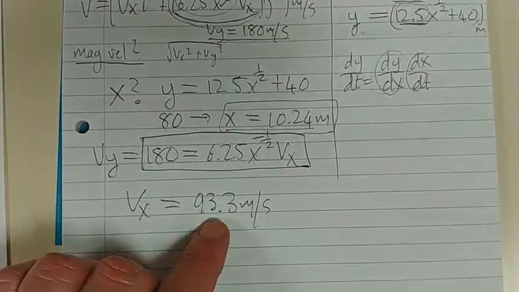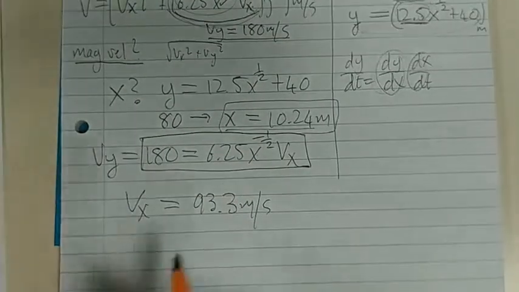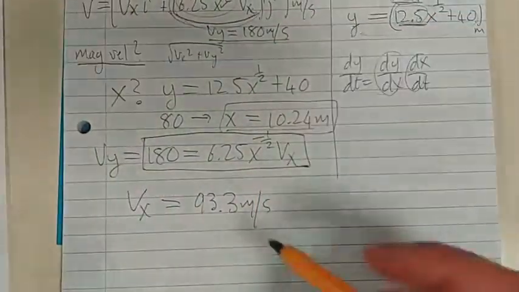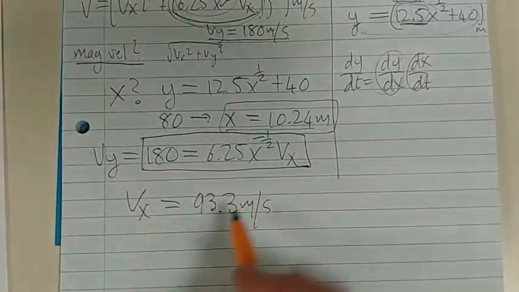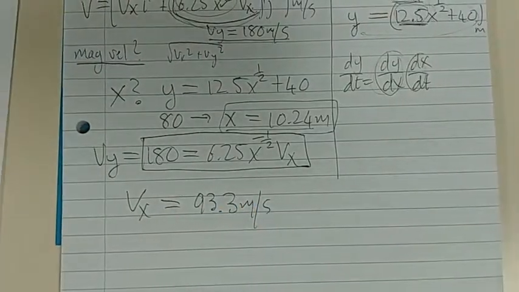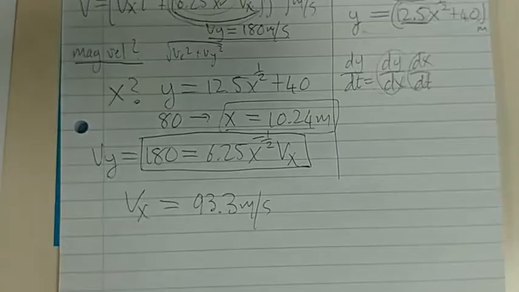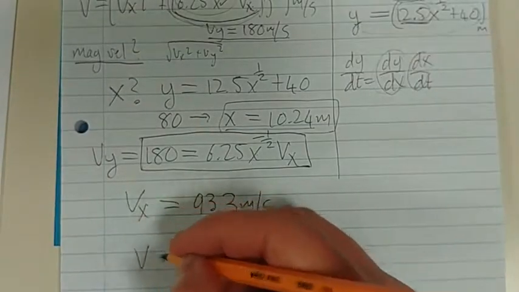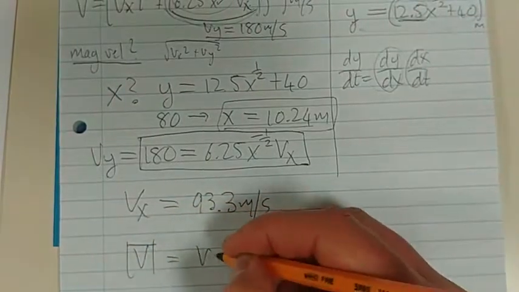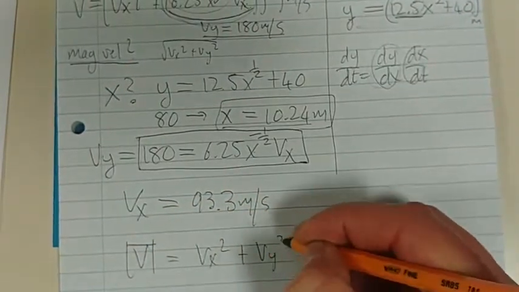Again, you need to calculate the correct one. I'm just showing you the procedure. I made a mistake here, but it's not that far off. But not that far off is actually still wrong. So what is our velocity? The magnitude of our velocity is the square root of Vx squared plus Vy squared.